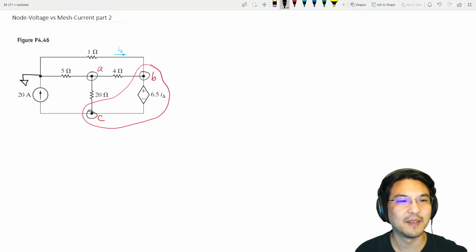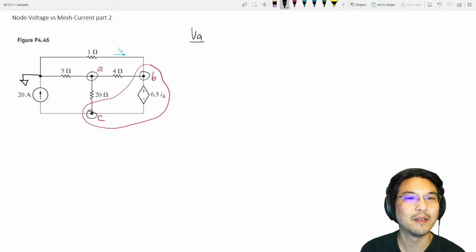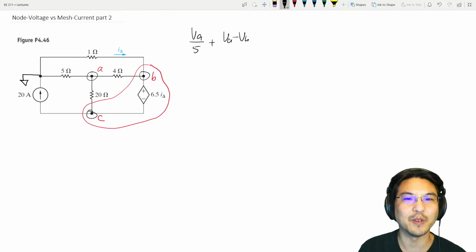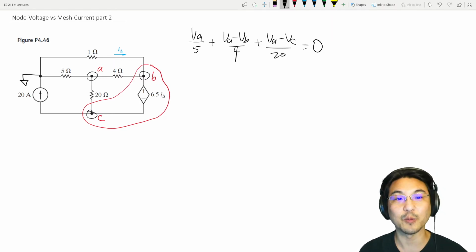Okay, so I can write two node voltage equations. One at A, so KCL at A: VA over 5 plus, let's go this way, VA minus VB over 4, and now let's go this way, VA minus VC over 20. Now let's do KCL at the supernode.